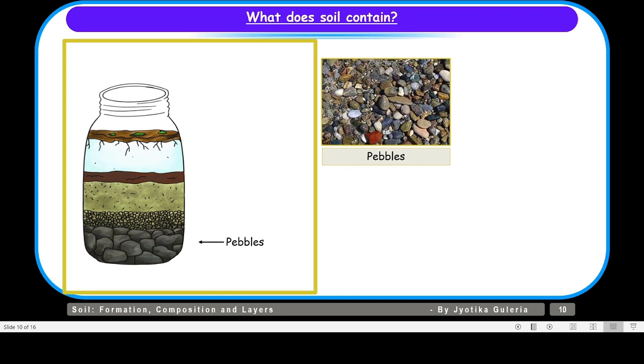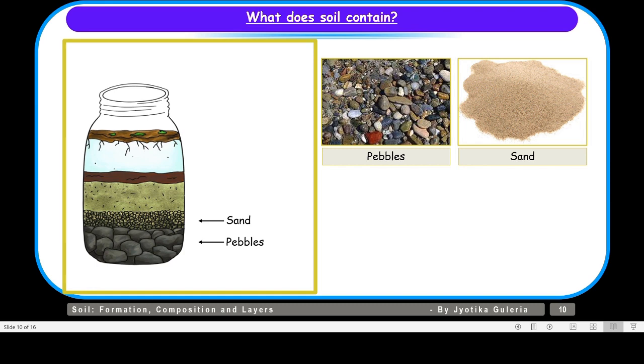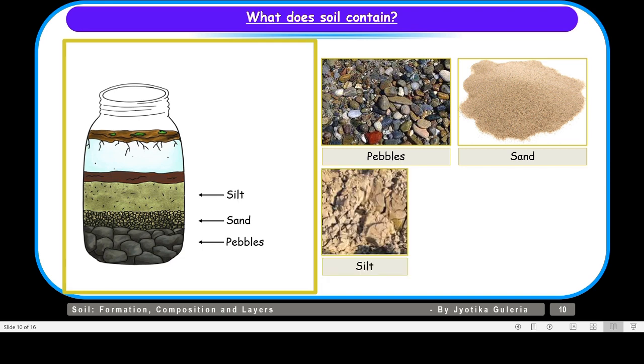Just above the pebbles, you will find a layer of sand particles. Now, particles which are finer than sand will form a layer called silt just above the layer of sand particles. Then the extremely fine particles will form a layer of clay.